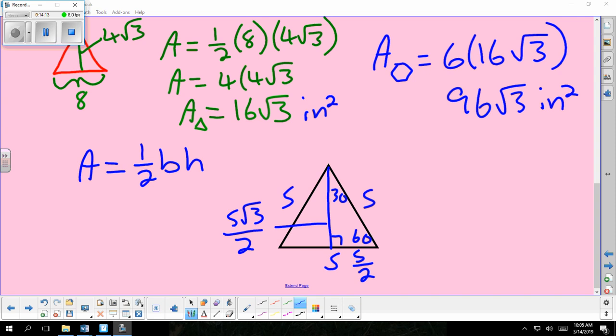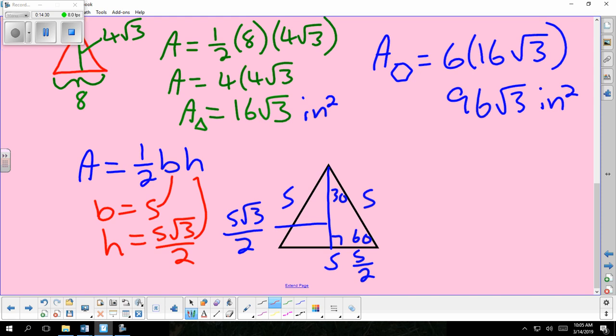All right, so now I have the base and the height of this triangle. So I'm going to use a base of S, and then the height is S root 3 over 2. I'm going to plug these in to my area formula for a triangle and see if I can get a formula for the area of an equilateral triangle with just that S for the side length. So the area equals 1/2 S times S root 3 over 2.